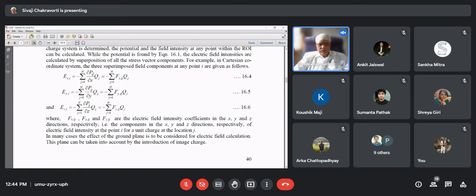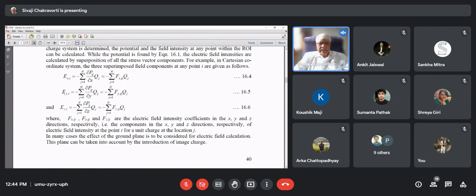Pij is called the potential coefficient. This is called Fxij. That means what is the field intensity in x direction at the ith point due to a unit charge at the jth point.